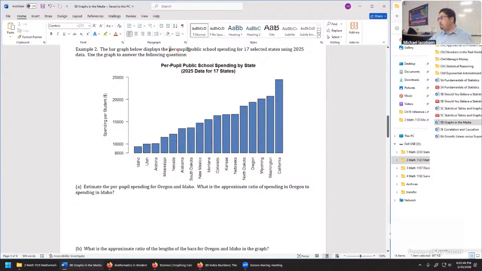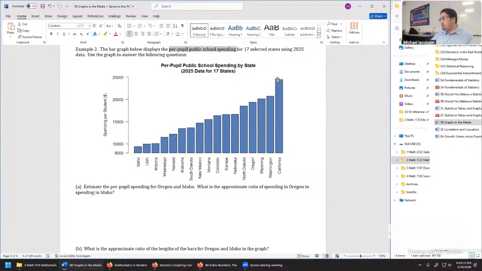When we say per pupil public school spending, what we mean is the totality of all spending, whether it's for the school buildings, buses, the teachers, and so on. This is how much each one of these states is spending when we divide it among each of the pupils in the state. So California, for this data set, is right at the top. I think if we included New York, it'd be even higher than that.